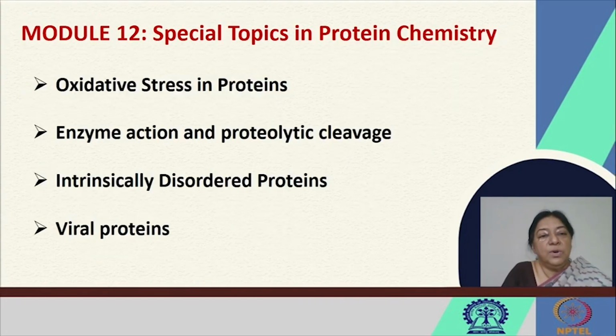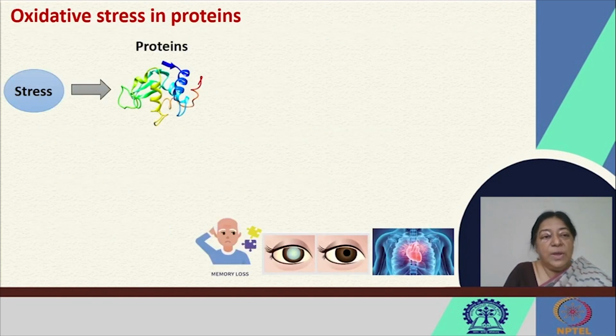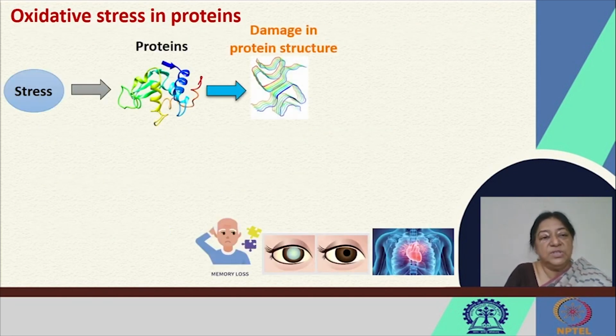In our last module, in special topics in protein chemistry, we looked at oxidative stress in proteins, enzyme action and proteolytic cleavage, intrinsically disordered proteins, and viral proteins. When we look at oxidative stress in proteins, we see the damage to the protein structure.